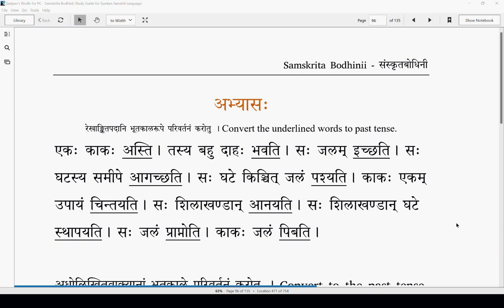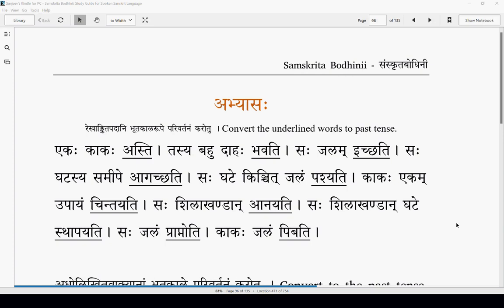Is shilakhanda pullinga or napunsakalinga? Pratipadikam. It's masculine, right?